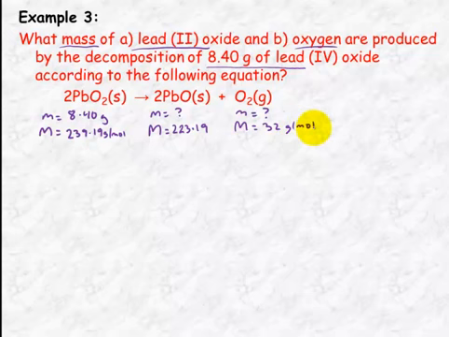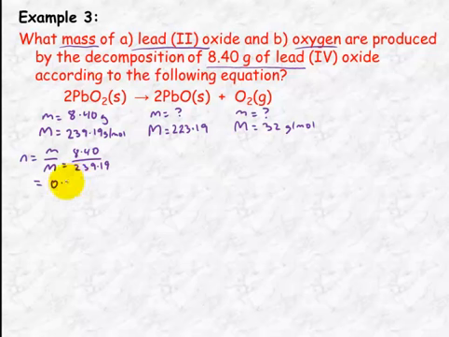So this is all the information that we need to work out this question. So we can now work out the number of mole of lead oxide. n equals m over M, and n equals 8.4 over 223.19, which equals 0.035.